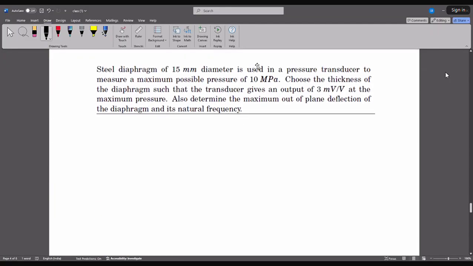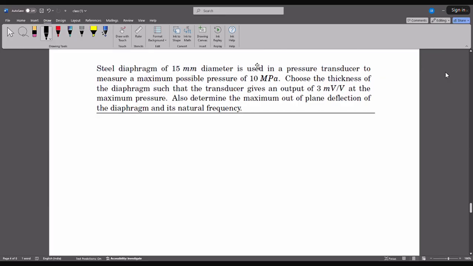We will solve this. So it talks about the diaphragm type pressure sensor. So let me first sketch how diaphragm type pressure transducers work.